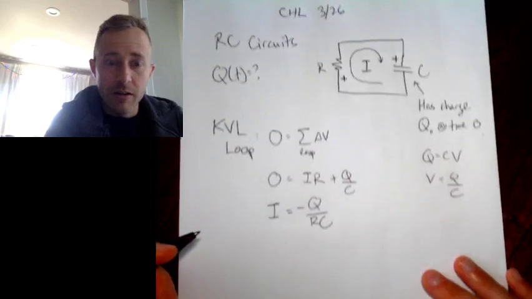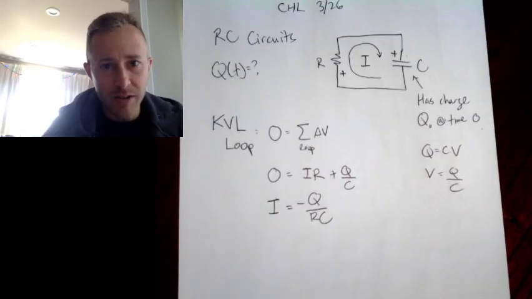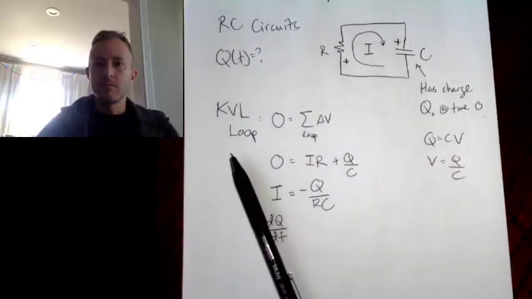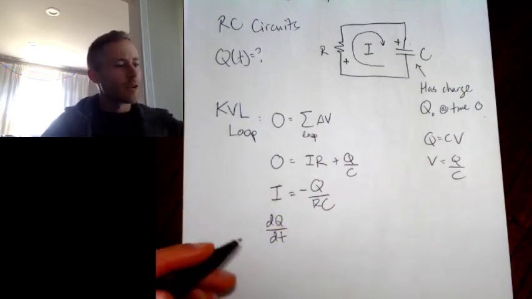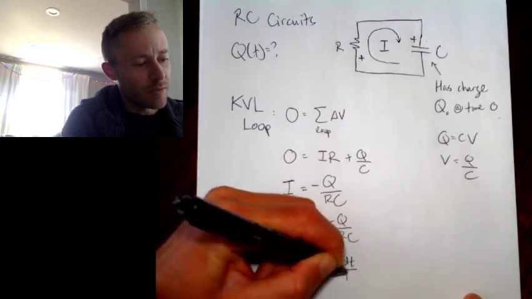And then current is the rate of change of charge, so dQ over dt equals negative Q over RC, so dQ over Q equals negative dt over RC.